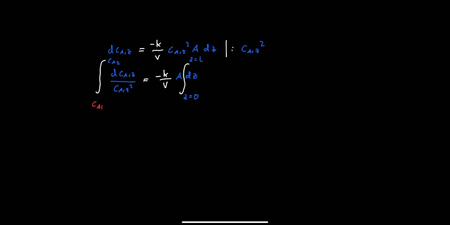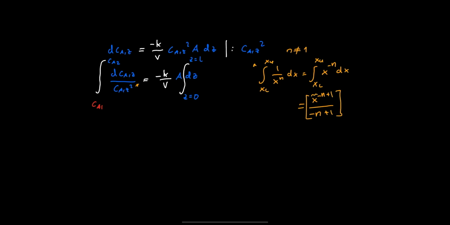And as a quick reminder, an integral from a lower to an upper boundary for 1 divided by x elevated n dx, with n not being equal to 1, we can say that this is equal to the integral from x lower to our upper boundary of x elevated negative n times dx, and this would be equal to x elevated negative n plus 1 divided by negative n plus 1.